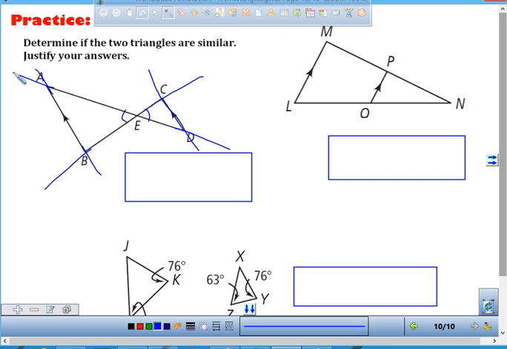Where's 90? No, we don't know because there's no box drawn in there, right? Remember, in order to know it's 90, you have to have that little square drawn in.